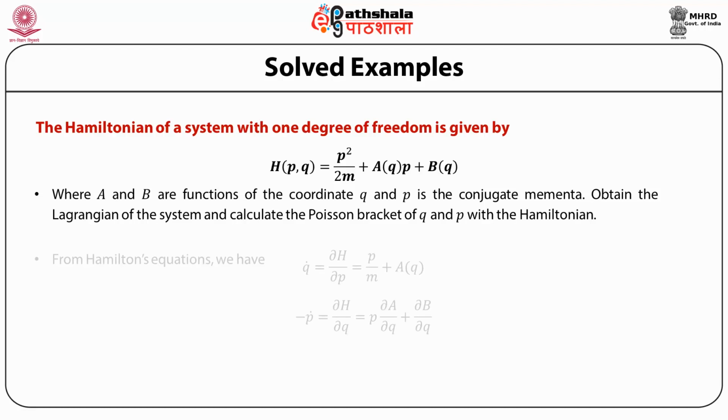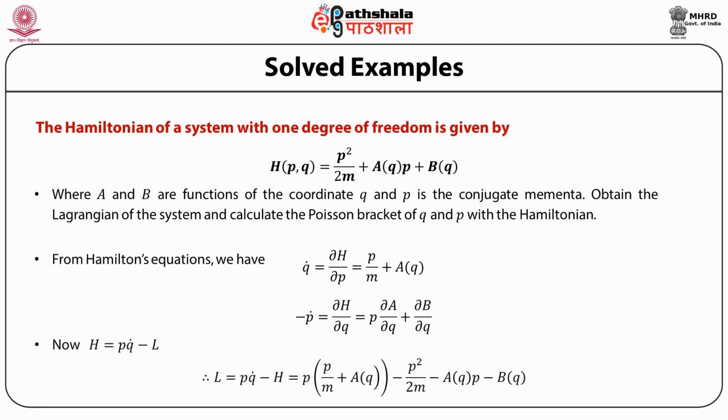Now, from Hamilton's equations, it's straightforward to see that q dot, which is equal to dH by dp, is equal to p by m plus a(q), and likewise minus p dot is equal to p times the partial derivative of a with respect to q plus the partial derivative of b with respect to q.